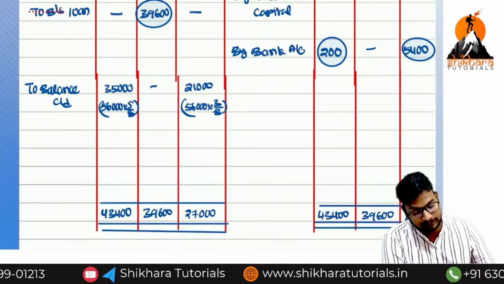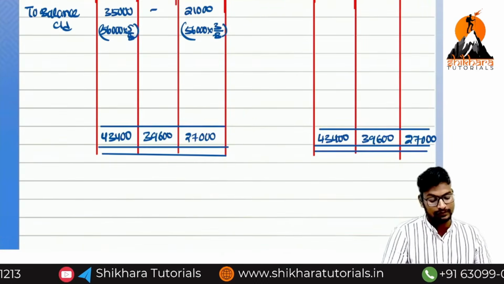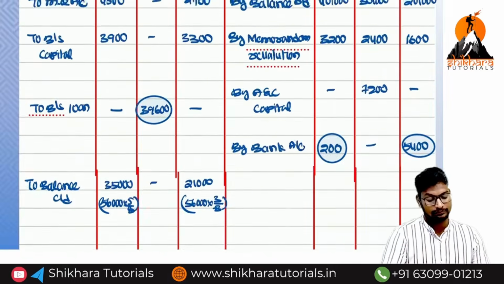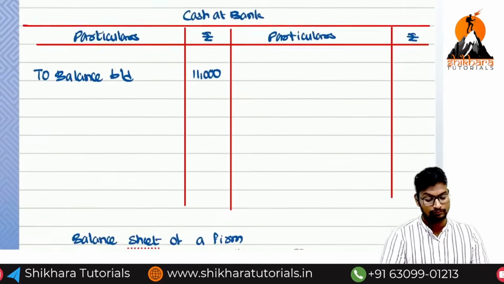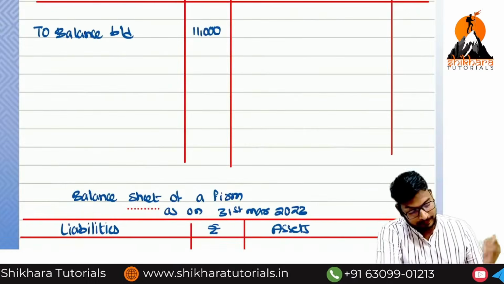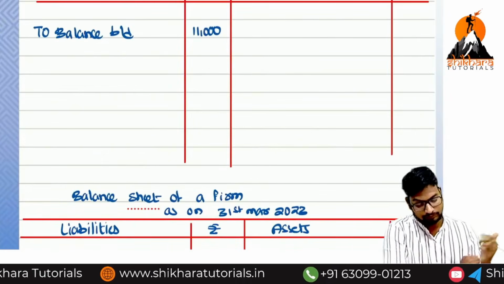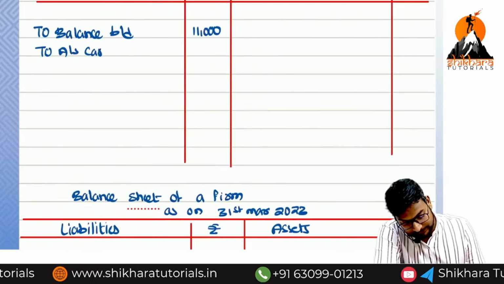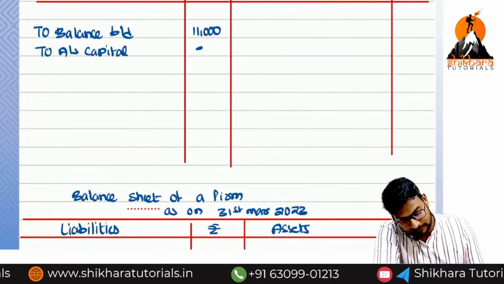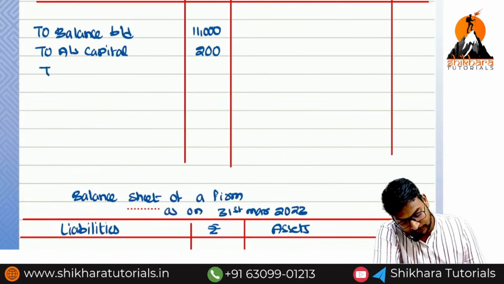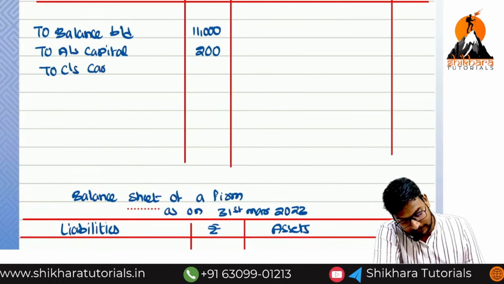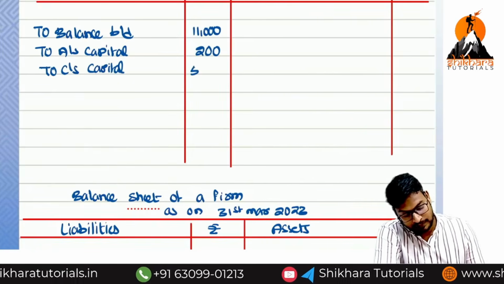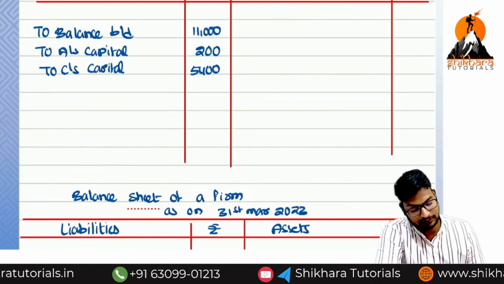Transfer to bank account, debit side. So to A's capital, how much, Amma? 100. To C's capital, how much? 5,400. What is the total, Amma?